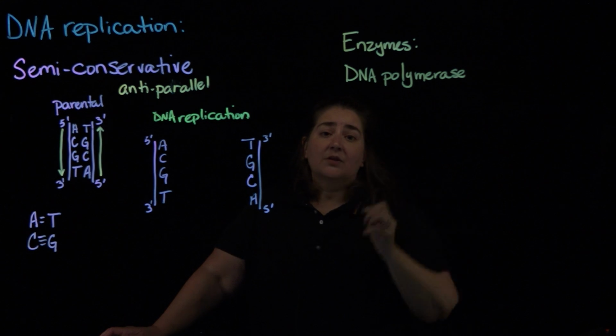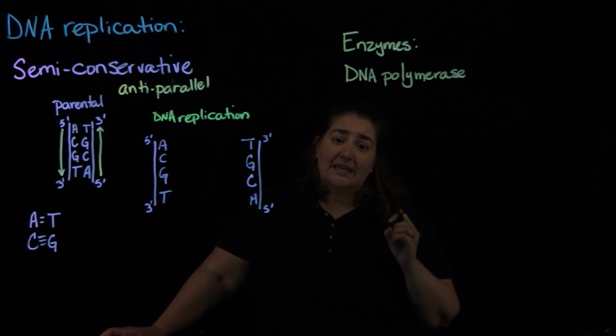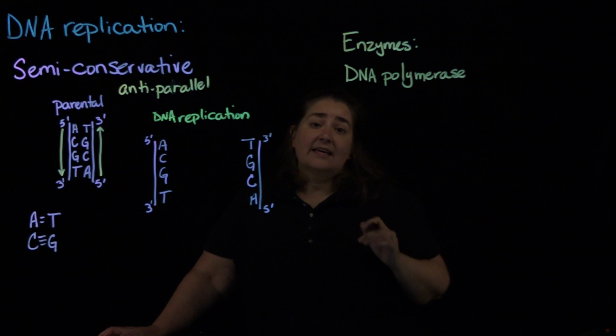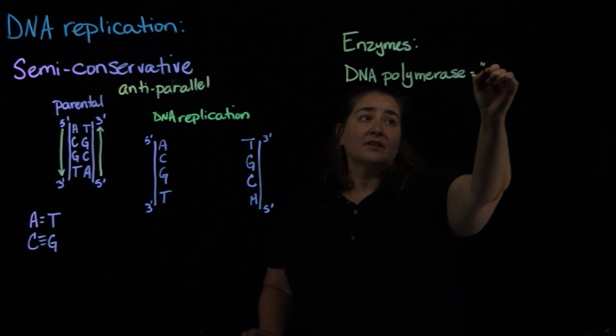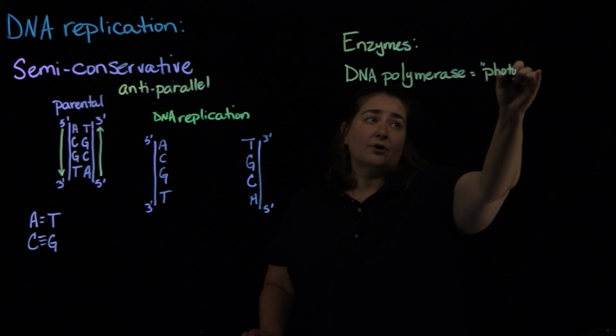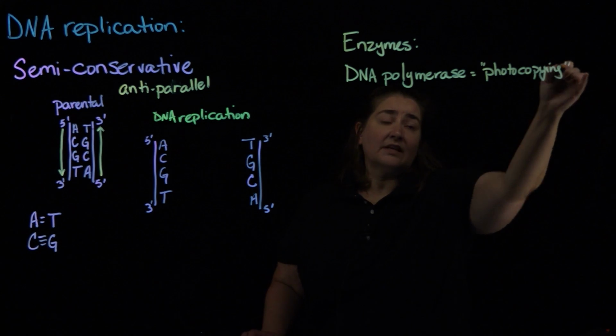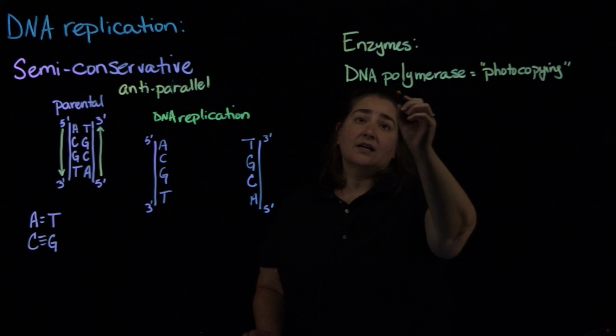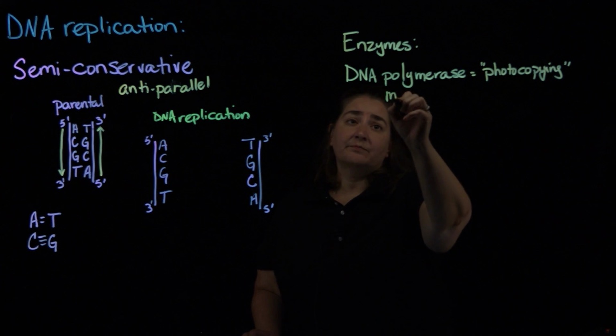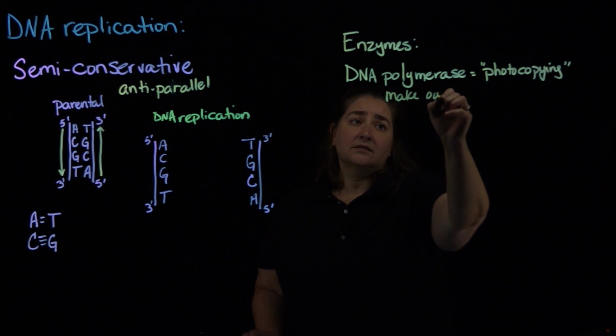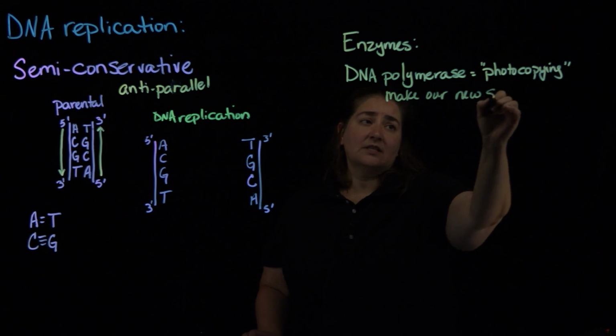We've got DNA polymerase as one of our main enzymes. DNA polymerase, I kind of call that the photocopying enzyme. That's the enzyme that's going to make our new strand of DNA.